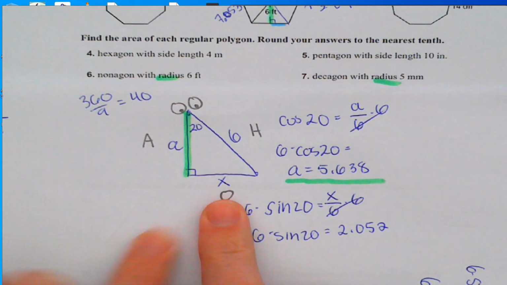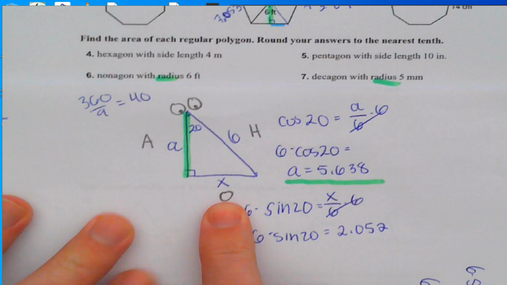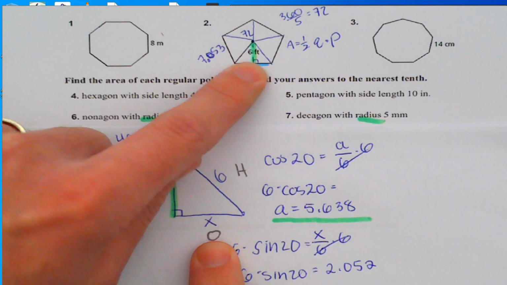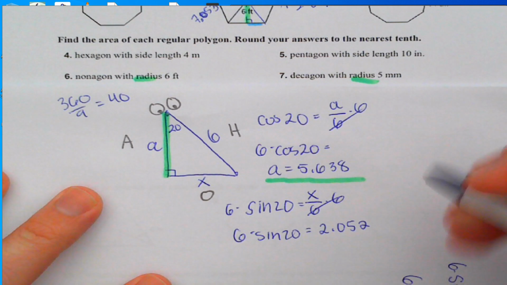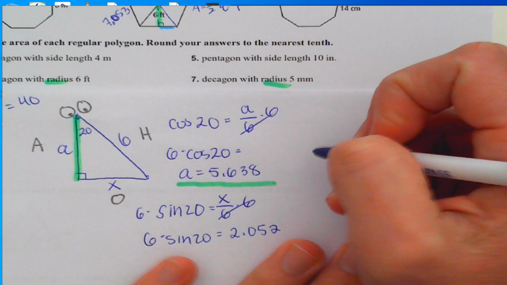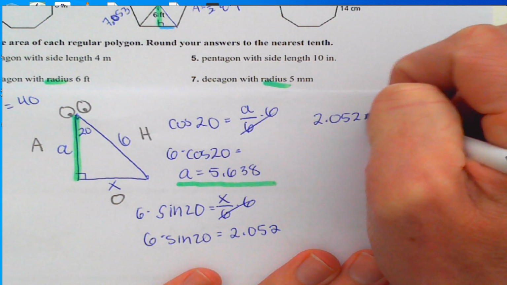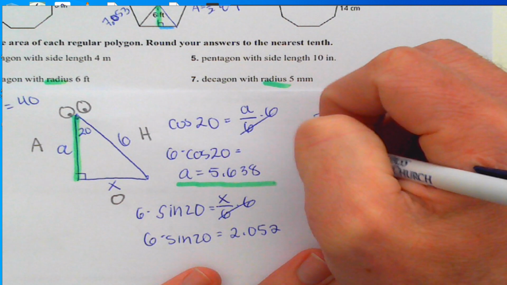But remember, if we are looking at this shape, it's just kind of like the pentagon. We really only found half of the side length. So we really want to take that 2.052 and multiply that by 2, and that should give me my side length.